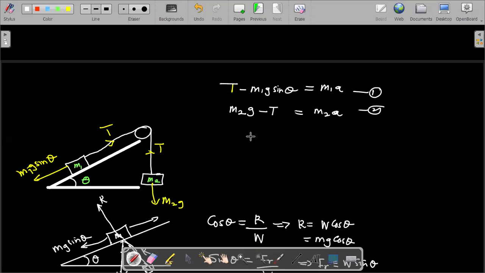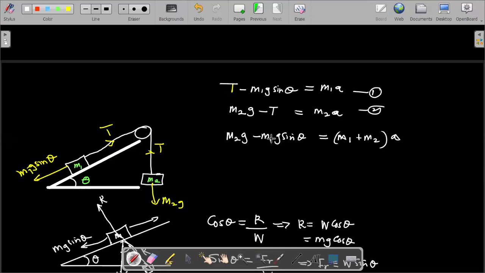So we can add equation 1 and 2. If we add them, we're going to have M2G minus M1G sine theta will be equal to M1 plus M2 into bracket A.